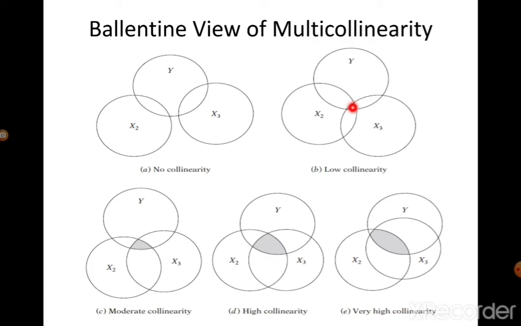So for this region, because of the multicollinearity between x2 and x3, we cannot say how much of this region is being explained by variations in x2 and how much of it is being explained by variations in x3. All we can say is that both jointly explain this much of the variations in dependent variable y.